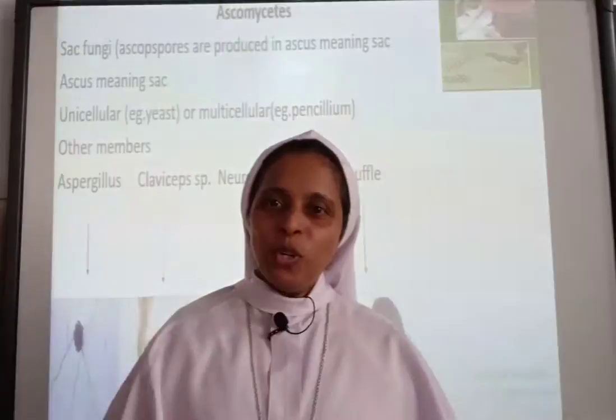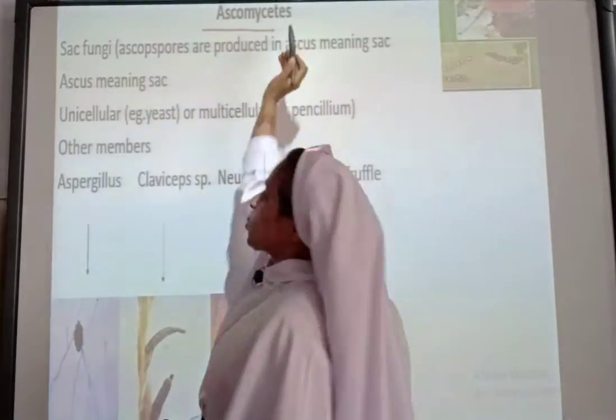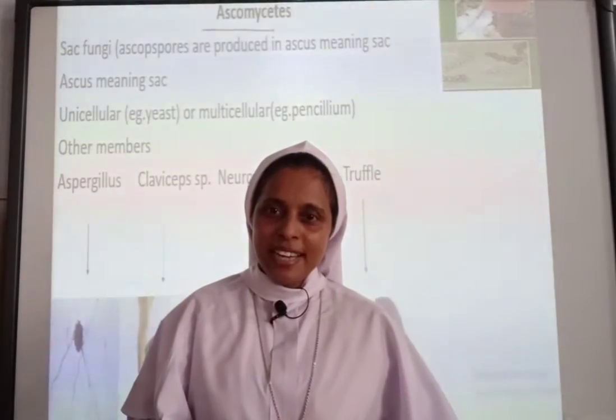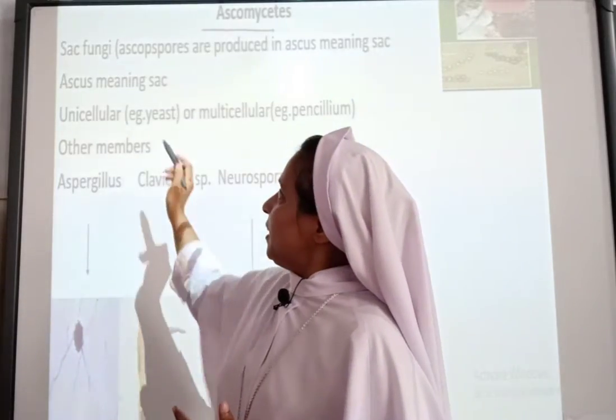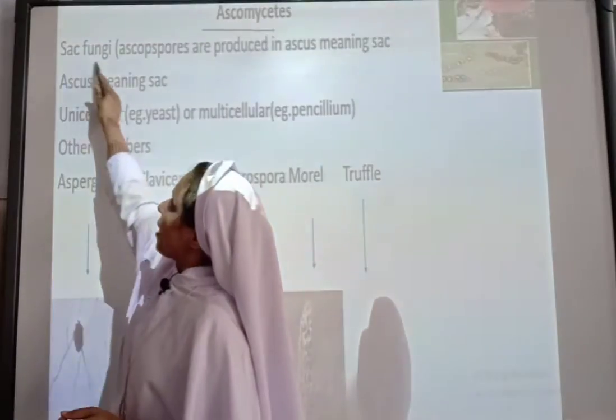Now let's move to the second group of kingdom fungi. They are ascomycetes. The second group of kingdom fungi, that is ascomycetes. So here the ascomycetes are otherwise called sac fungi.